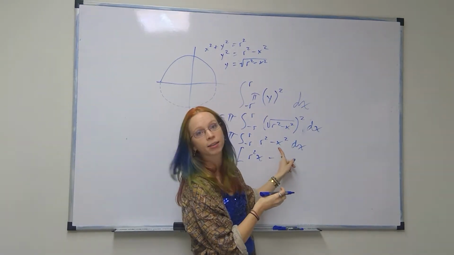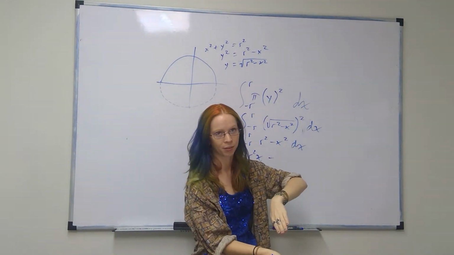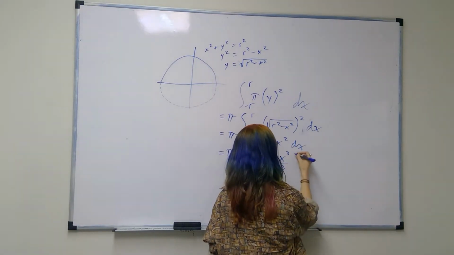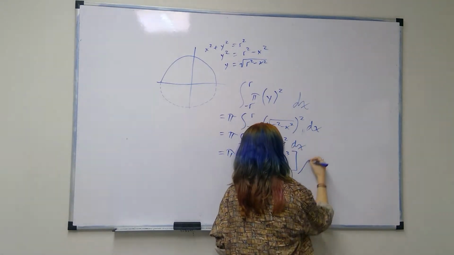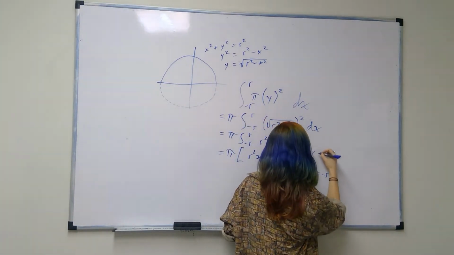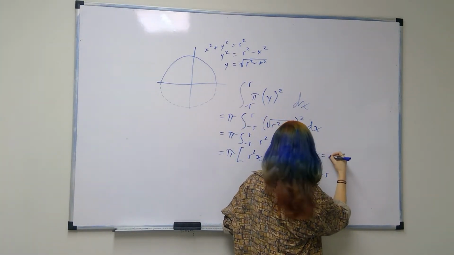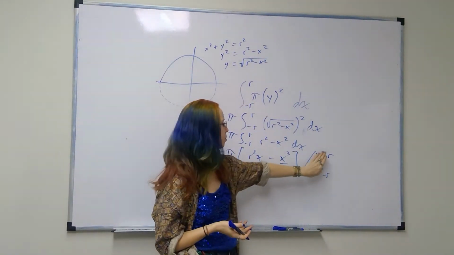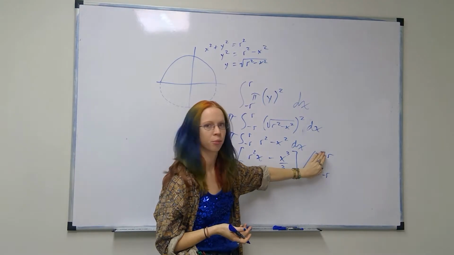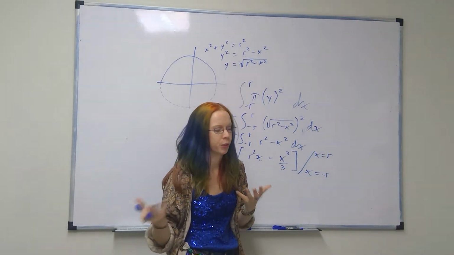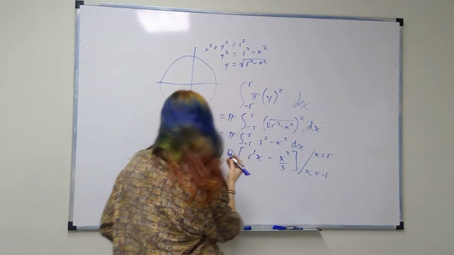And x squared, the antiderivative of that, is x cubed over 3. And I like mentioning who I'm replacing with the bounds, because I mentioned it right here when I said dx. Sometimes people just put the bounds and they don't put who is getting plugged in. I just like mentioning who's the variable. Cool.